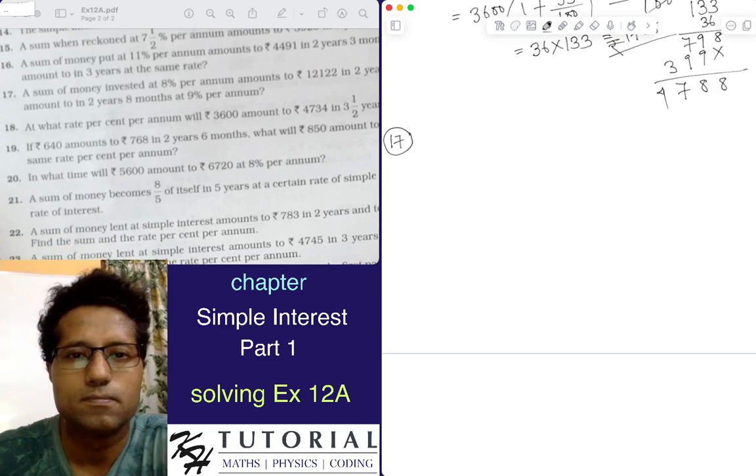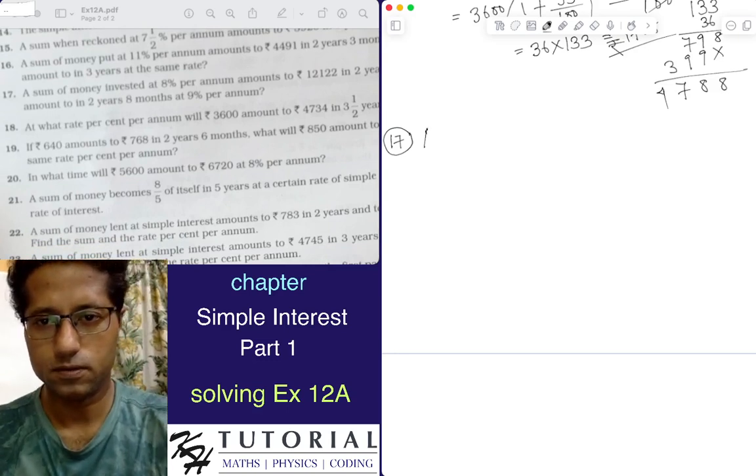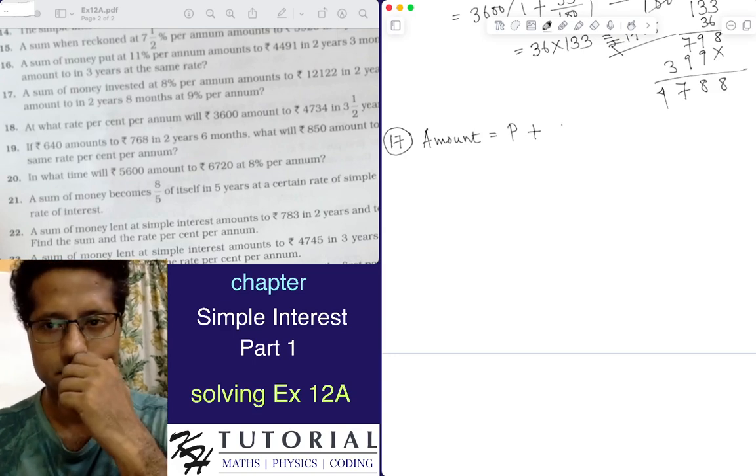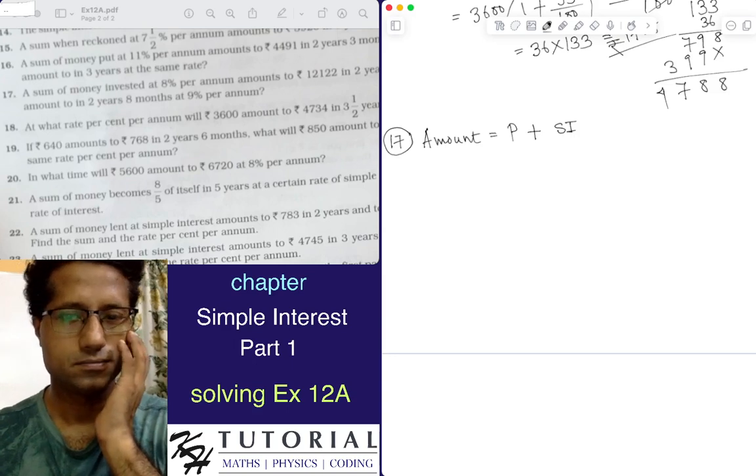So we have amount. We know amount equals principal plus simple interest. Now we don't know the principal, but we know the amount.